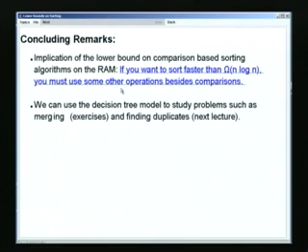The second concluding remark that I want to make is that not only sorting, but you can use the decision tree model to study several other problems. The other problems are, say, merging, and this will figure in the exercises which I will show later, and also things like finding duplicates, and this is going to be the topic in the next lecture.